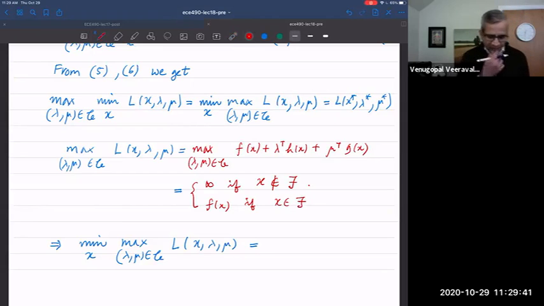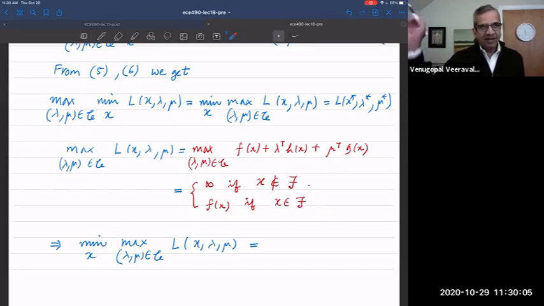So now, if you're looking to minimize this quantity, the minimum value really only makes sense if you consider x belonging to F, because for x that's not in F, the value is infinity, so it shouldn't affect the minimum.